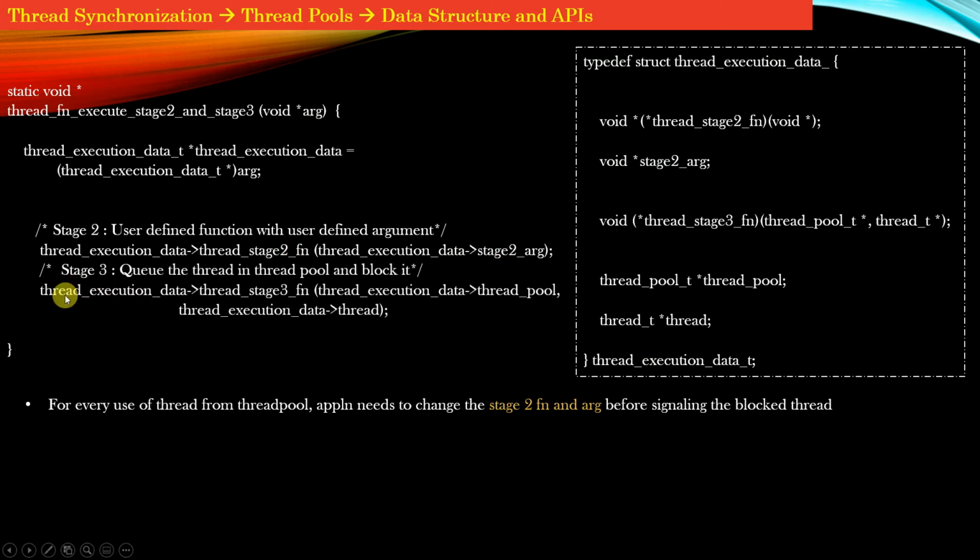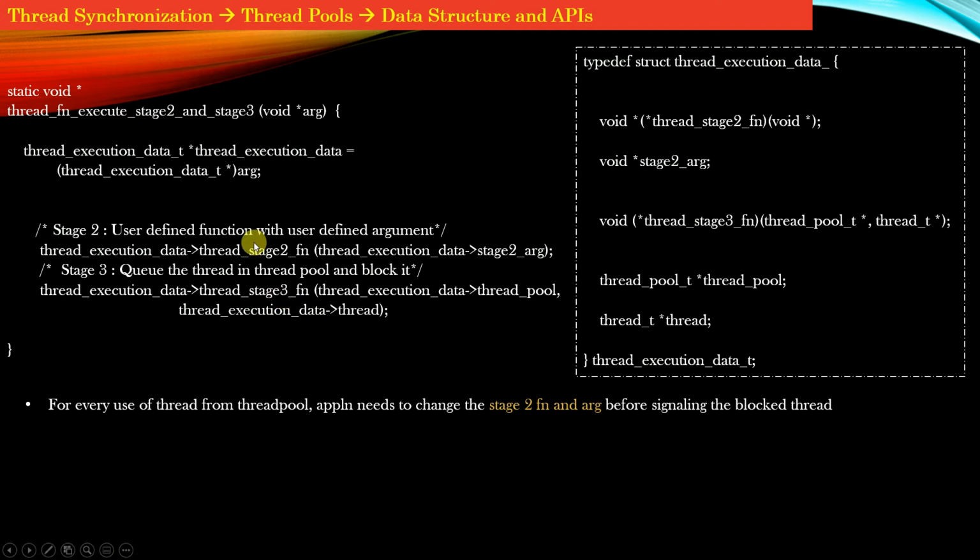And stage 3 can also be executed in the same way. Invoke the stage 3 function through a function pointer and pass the thread pool and the thread itself, because these are the arguments which are expected by the stage 3 API. We already know this, right?